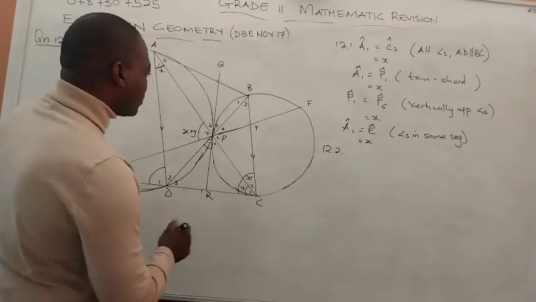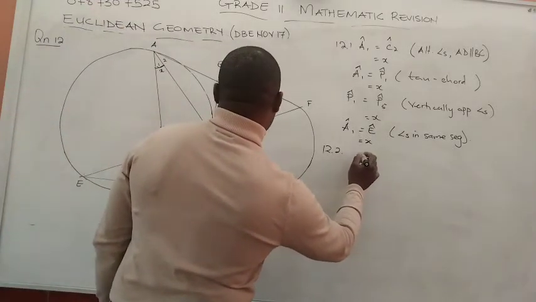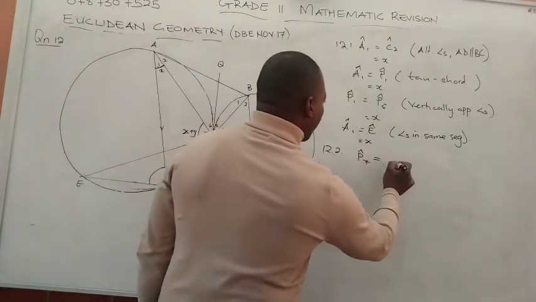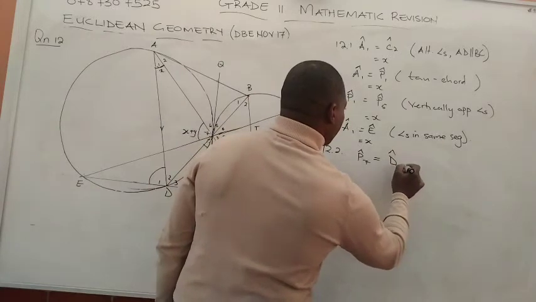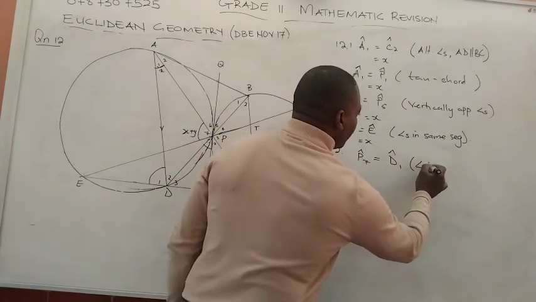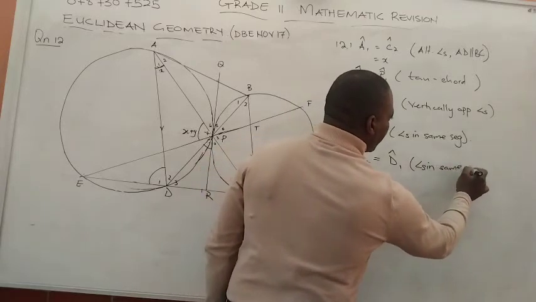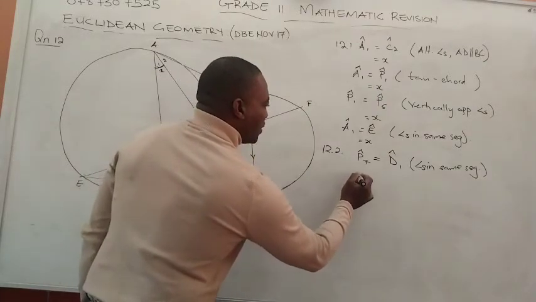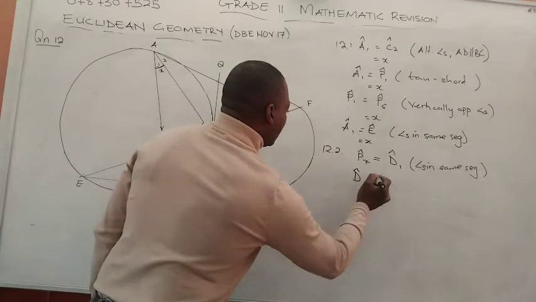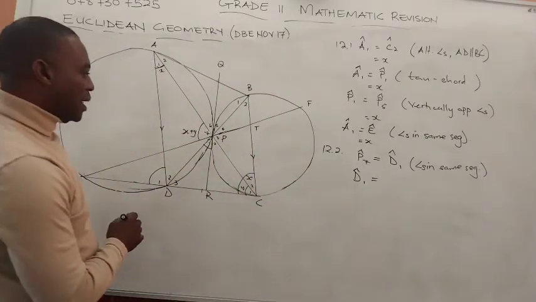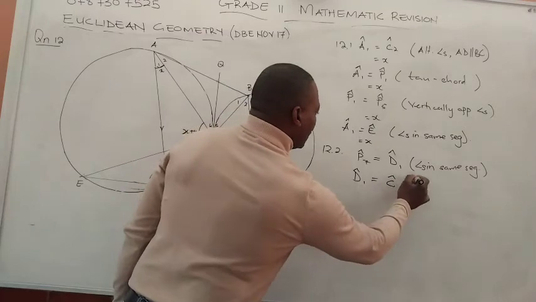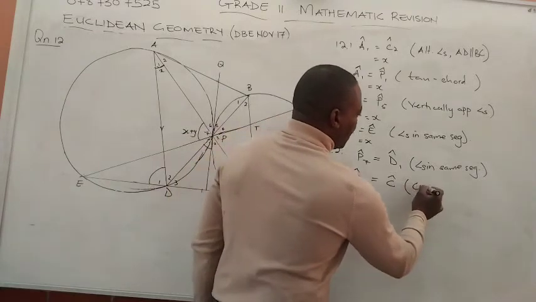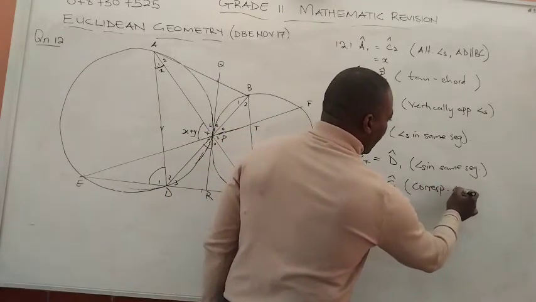So we are saying angle P7 is equal to angle D1, angles in the same segment, and then angle D1 is equal to angle C. This one and this one are corresponding angles.